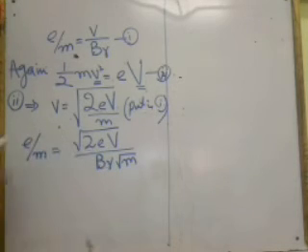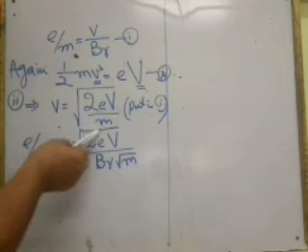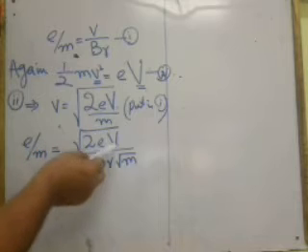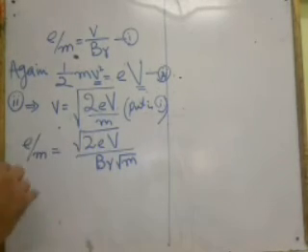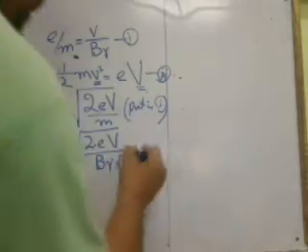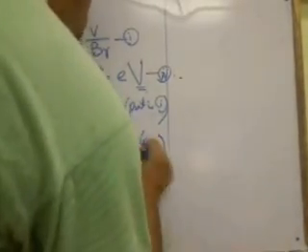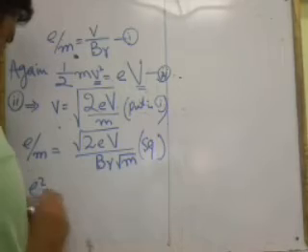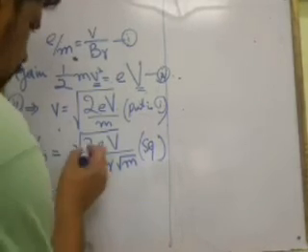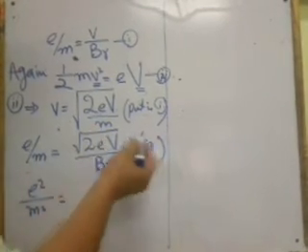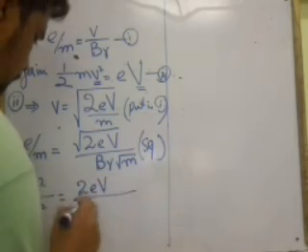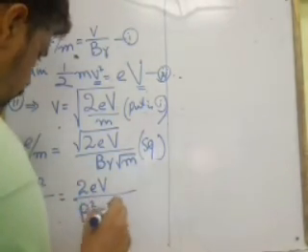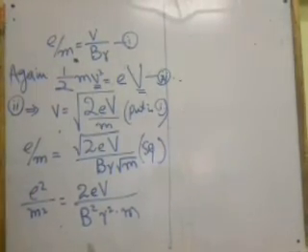It makes no difference whether we write this m under the same square root or write another square root for these two different terms. Taking the square on both sides, e square divided by m square is equal to 2eV divided by B square r square into m, since the square root cancels with the square.